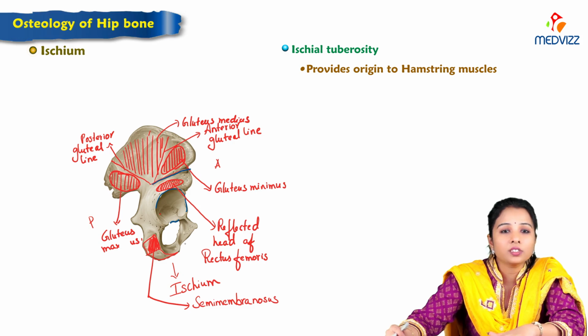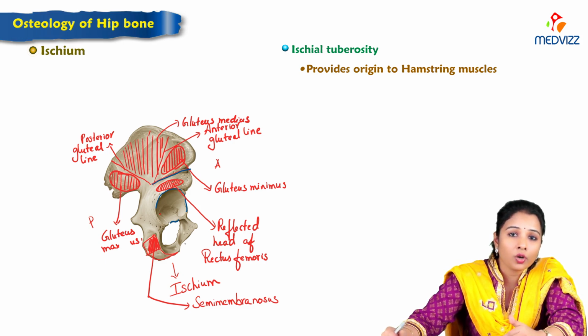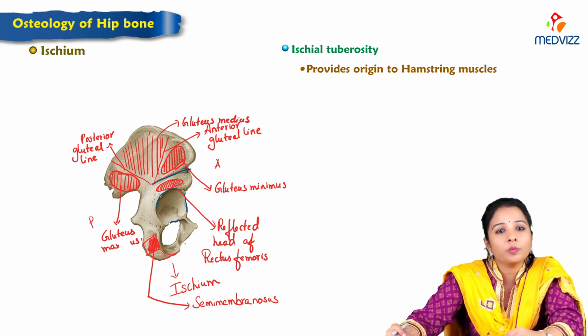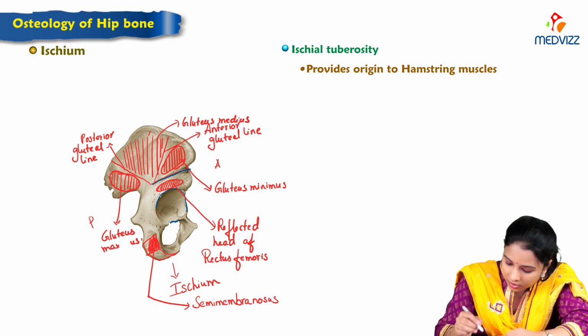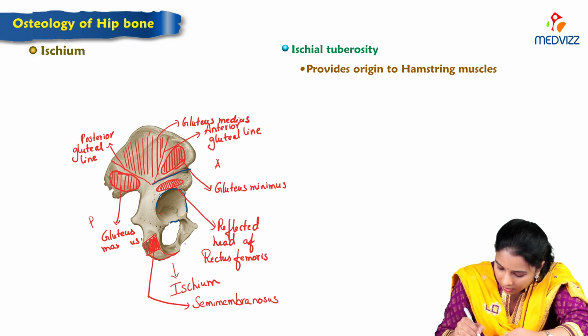Next to it is the semitendinosus. Semitendinosus gets origin along with the long head of biceps from the medial part of the upper quadrangular area, the upper part medially.